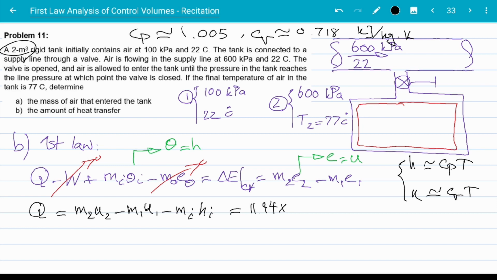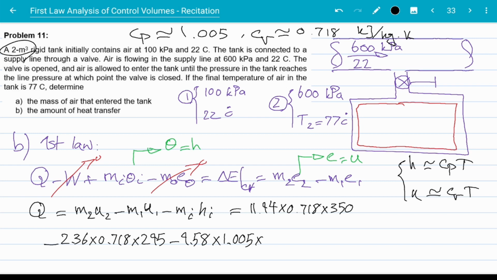Now U2 can be approximated using Cv T, which is 0.718 times the temperature T2, which is 350, minus M1, 2.36, times, again, Cv, 0.718, times the temperature T1, 295 Kelvin, minus mass coming in is 9.58 times Cp, 1.005, times the temperature of the supply line, which is 295 Kelvin.